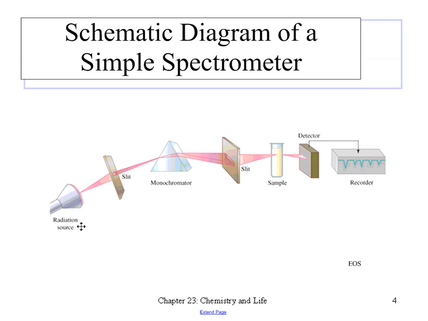All right, let's take a look at a spectrometer. First, we have light going in, and we only want a narrow band of light, so we put it through a narrow slit, and then we want to separate all the wavelengths out. So we use something called a monochromator. It's like a prism. It separates the electromagnetic radiation into all its different wavelengths. We're only interested in one wavelength at a time.